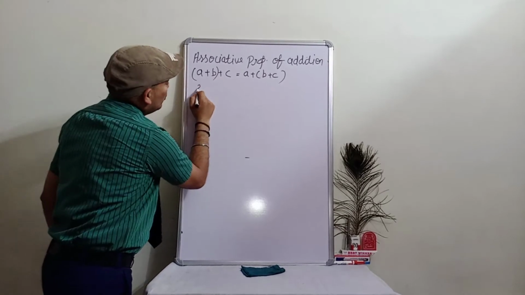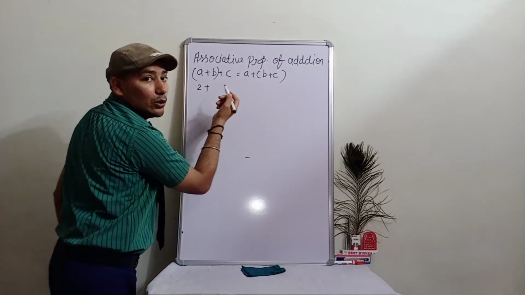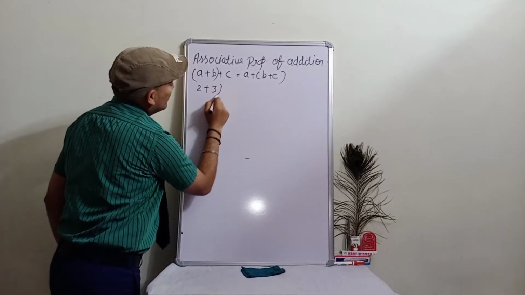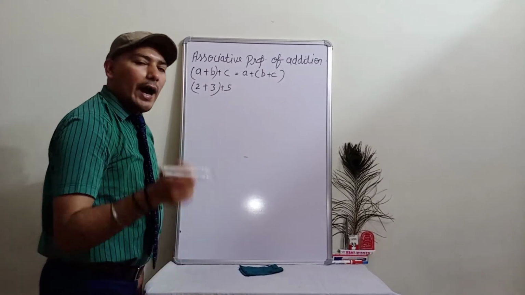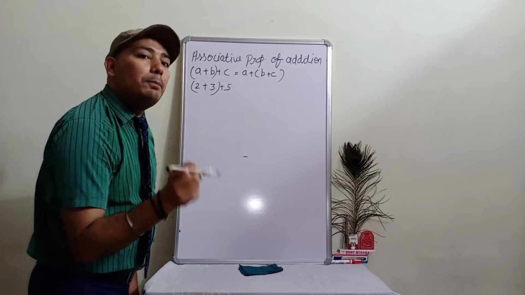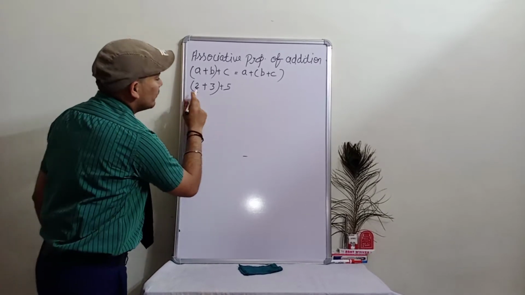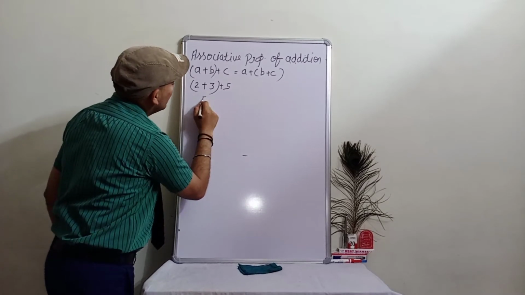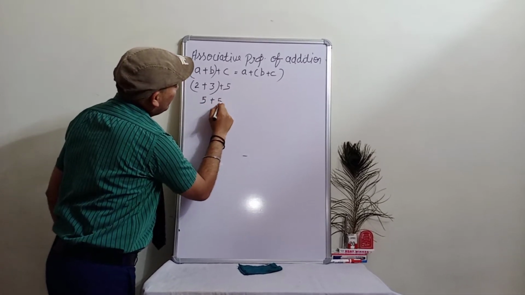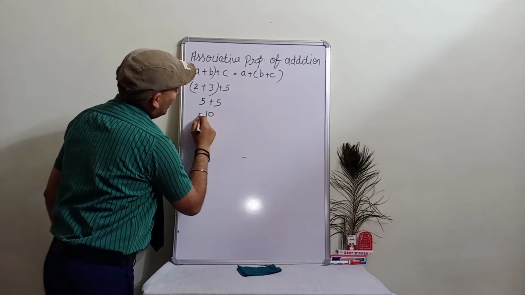Let A be 2, B be 3, C be 5. As per simplification and BODMAS, what will we do? First we will solve the bracket. So 2 plus 3, 5, plus 5, and what will come?